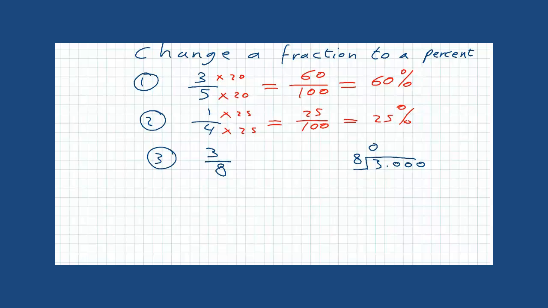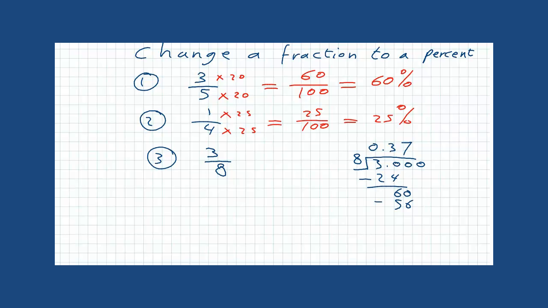We passed the decimal point, so we will put it. 30 divided by 8 is 3. 3 times 8 is 24. Subtract, you will have 6. Bring down the 0. 60 divided by 8 is equal to 7. 7 times 8 is 56.